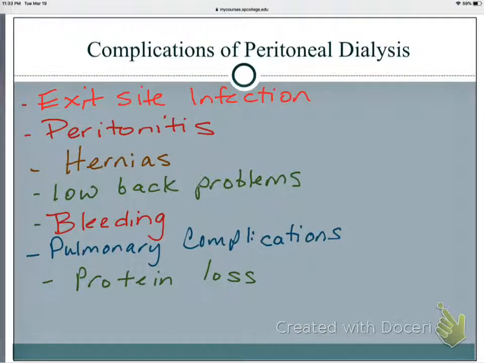Hernias can also develop with women who have had many babies, multi-para women, right? And older men. To treat this, we can do surgical repair. And once they're repaired, usually they can resume peritoneal dialysis, but they just do less volume.